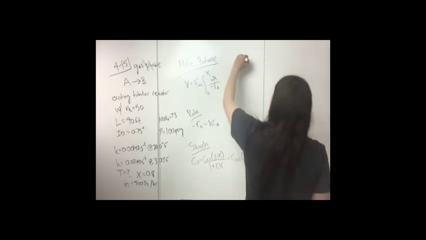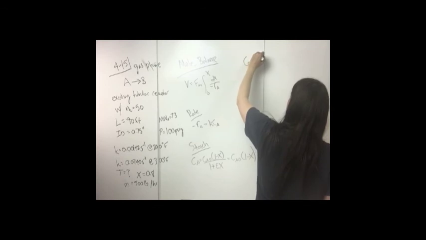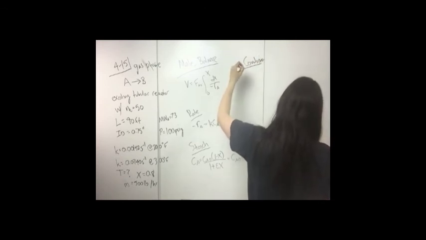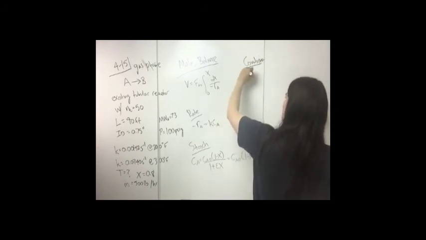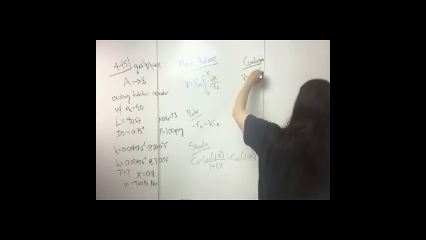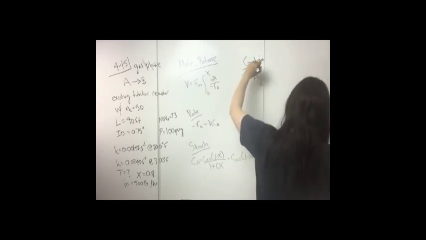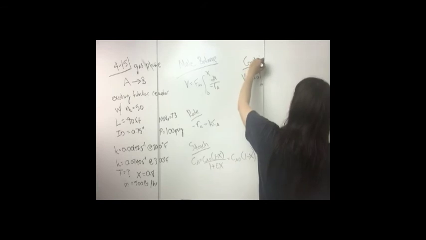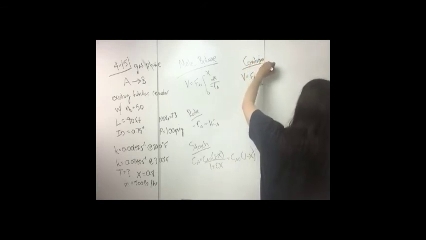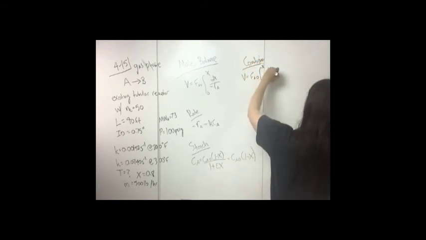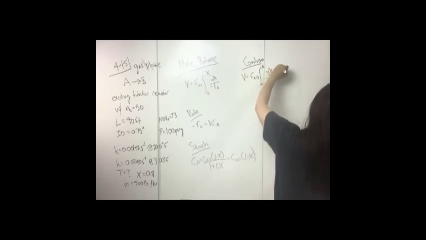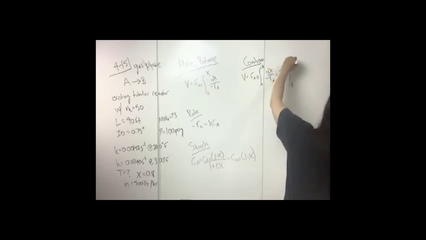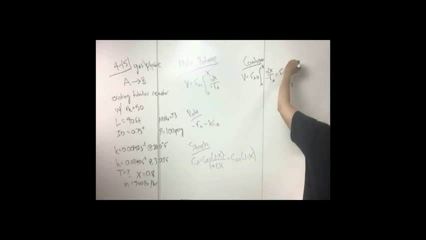So then we want to combine everything, and so we have V is equal to FA naught integral from 0 to x of dx over minus RA, which is equal to FA naught integral from 0 to x of dx over k CA naught (1 minus x).